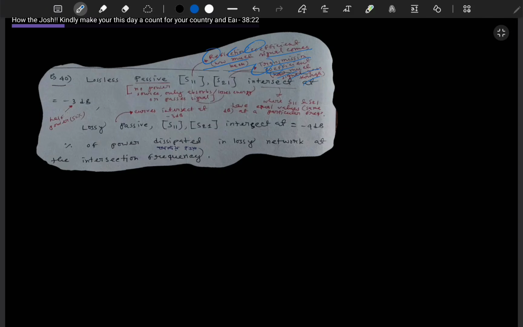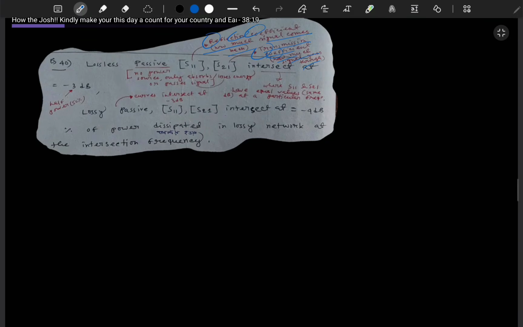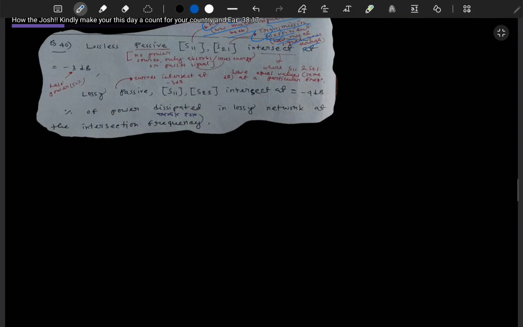Here it is lossless, it is lossy. Passive means no power source, it only absorbs or loses energy or passes signal. Percentage of power dissipated in the lossy network at the intersection frequency.